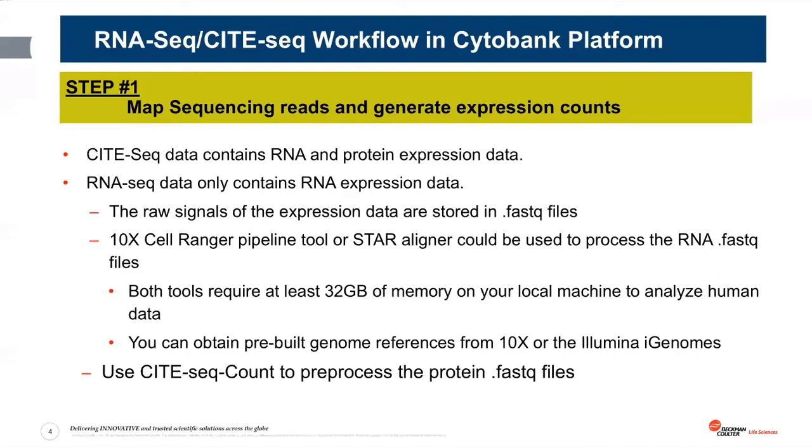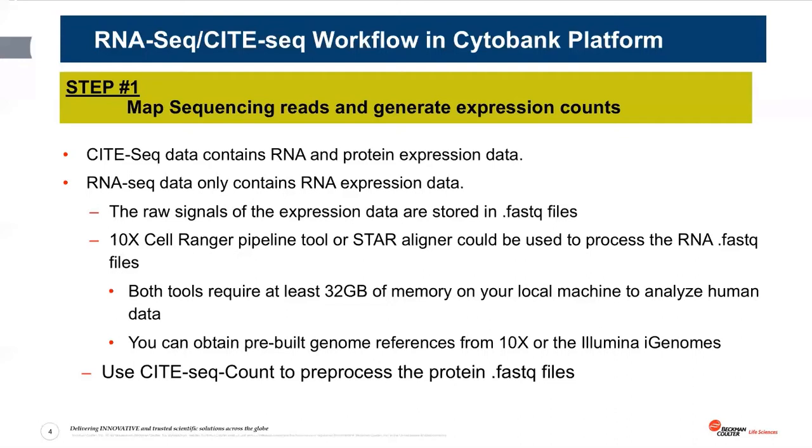And then I also suggest you download the pre-built reference genome files from the 10x website or from the Illumina iGenome project website, so that you will not get any misleading results by mixing different reference genome files during your alignment process.